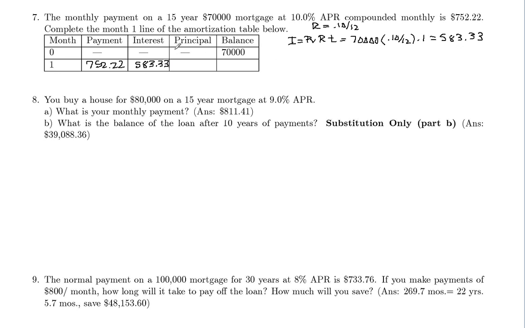Okay, and then principal, remember how this works. Of your payment, they subtract off what you pay on interest first, and whatever's left over goes on the balance of the loan. So subtract these two: 752.22 minus 583.33 is equal to 168.89. So that goes in here.